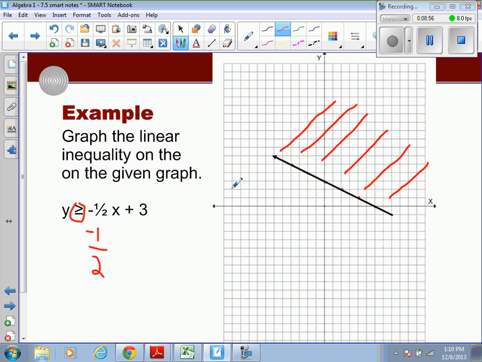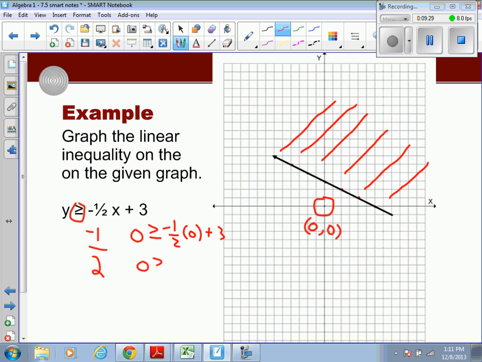Now, as I said, if it's in slope-intercept form, it's really easy to look at and decide which way to shade, above or below the line. But there are times where we may want to test a point. And the easiest point to test, as long as it doesn't lie on the boundary line, is the point 0, 0, or the origin. If I plug the ordered pair 0, 0 into my inequality, I have y is greater than or equal to -1/2 times 0 plus 3.